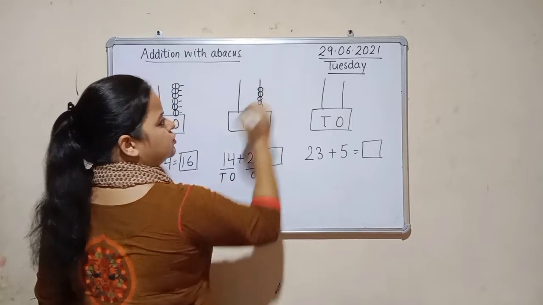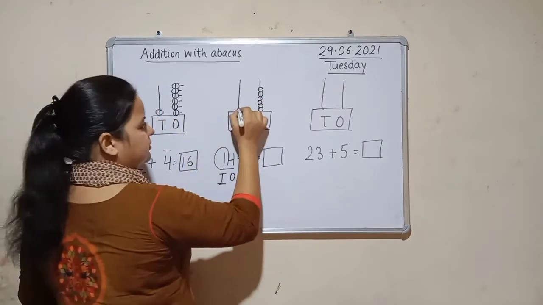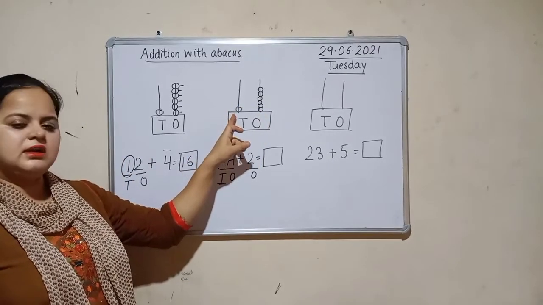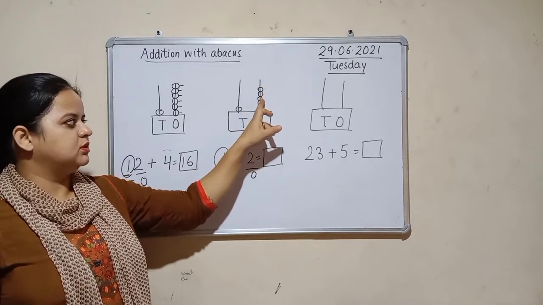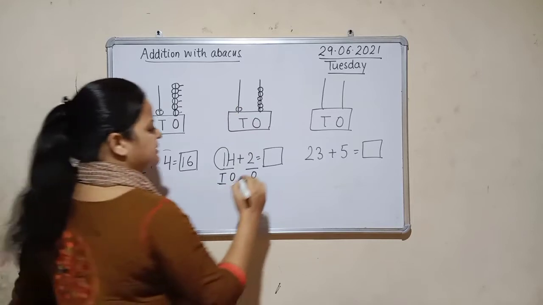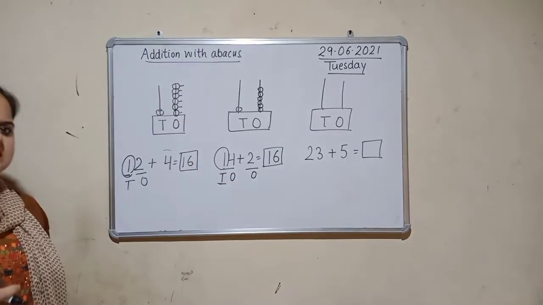Again 1, 2. And on tens side only 1. Now how many are these? See, 1, then 1, 2, 3, 4, 5, 6. So 16. 14 plus 2 is 16.